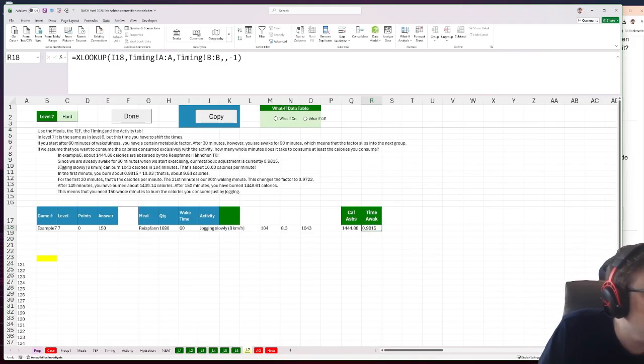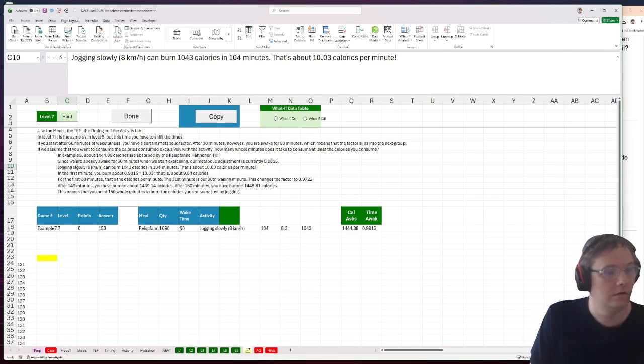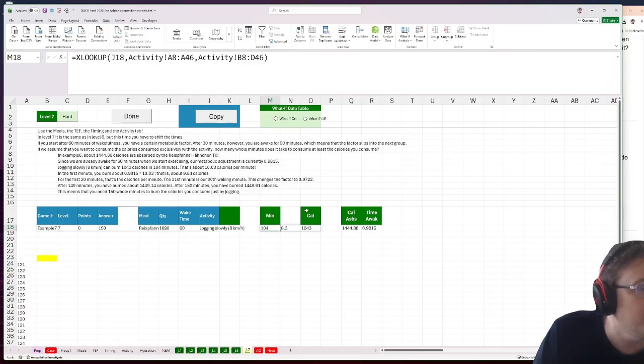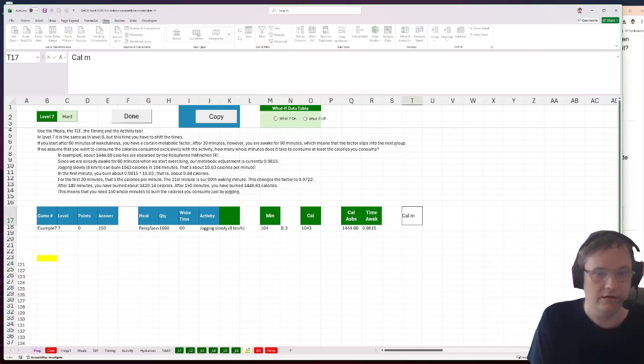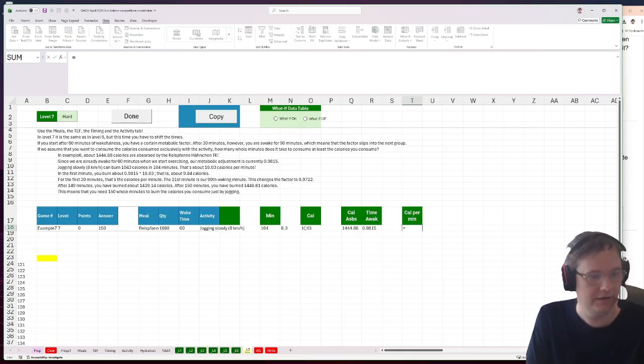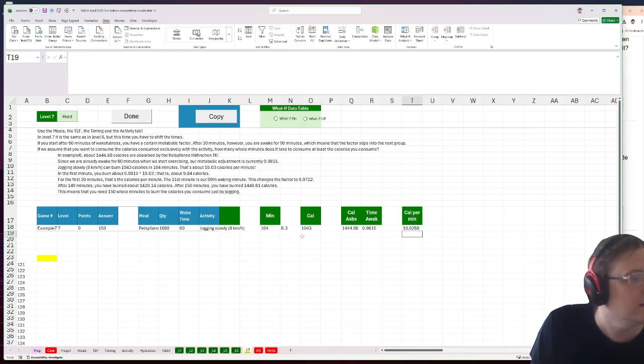Jogging slowly can burn that number of calories in this number of minutes. That's calorie per minute. Yeah, calories per minute is this divided by this.